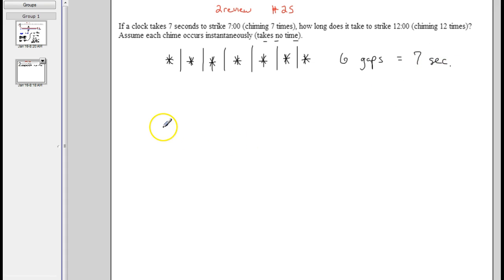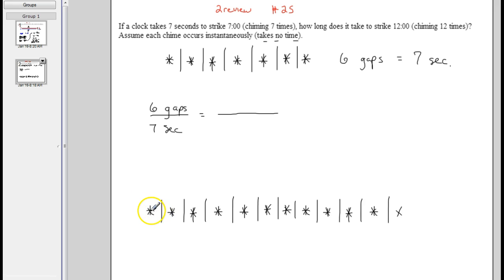So what we can set up here is like a ratio. If 6 gaps takes 7 seconds, then how many gaps is there going to be, and how long is it going to take for there to be 12 chimes?